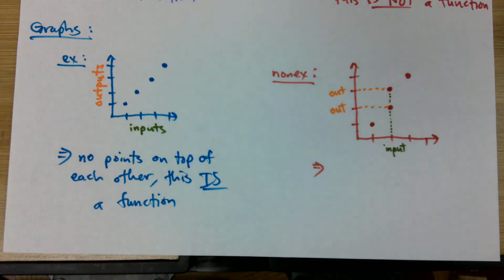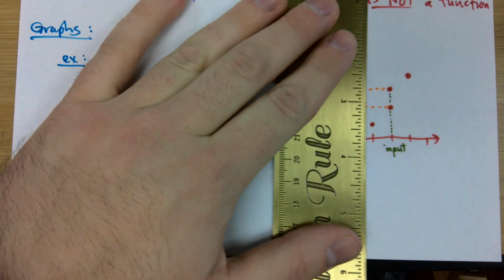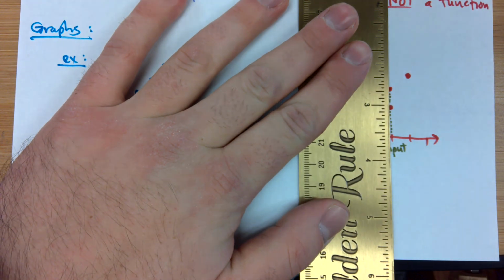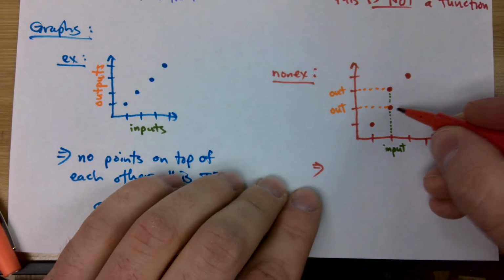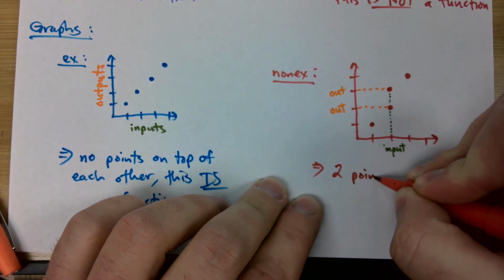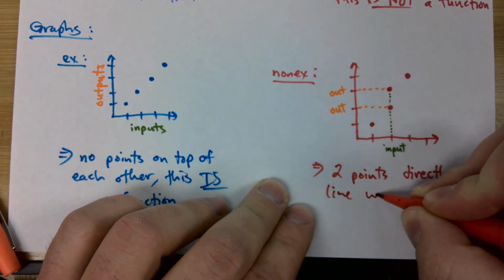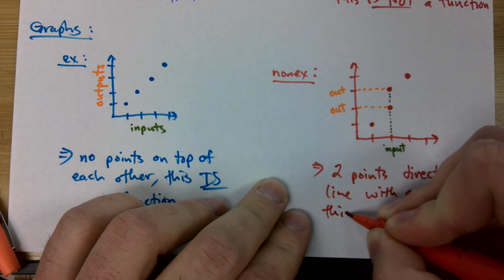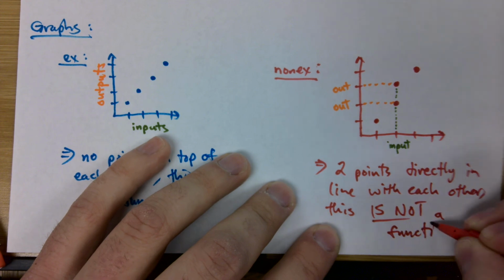By that I mean they're in line vertically on the y-axis, right? So if we took a ruler and dragged it along this graph, there's a point where we hit those 2 points at the same time. Interesting, right? So for this one, we've got 2 points directly in line with each other. Therefore, this is not a function.